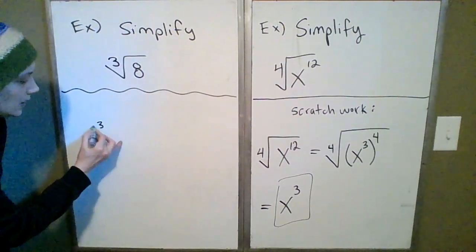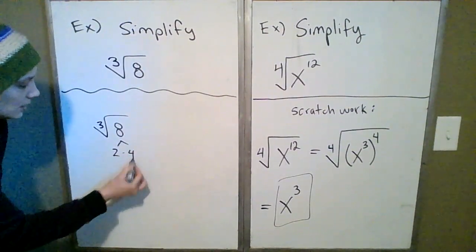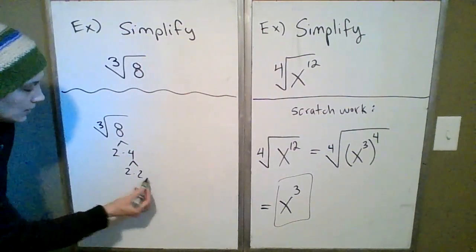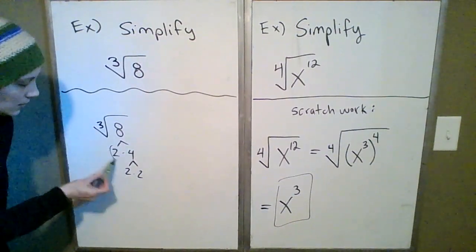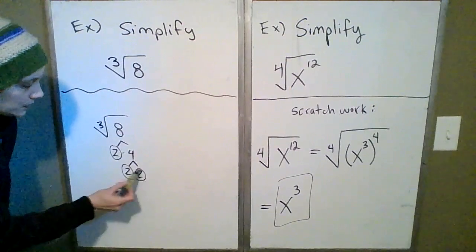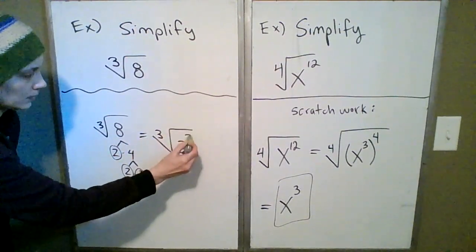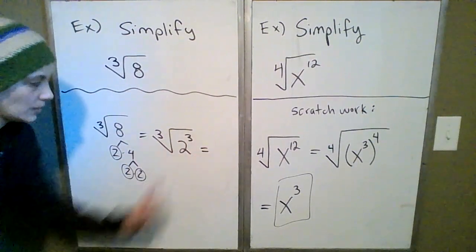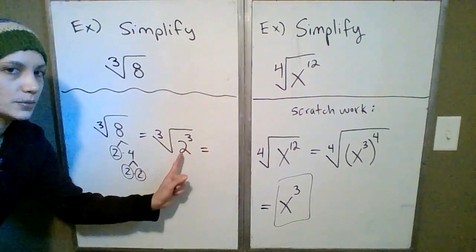So take our cubed root of 8 and its factors. Once you've factored this, you're looking at the bottom of the branches where you've got 2 times 2 times 2. So you've got a power that matches the root, which means this will simplify to 2.